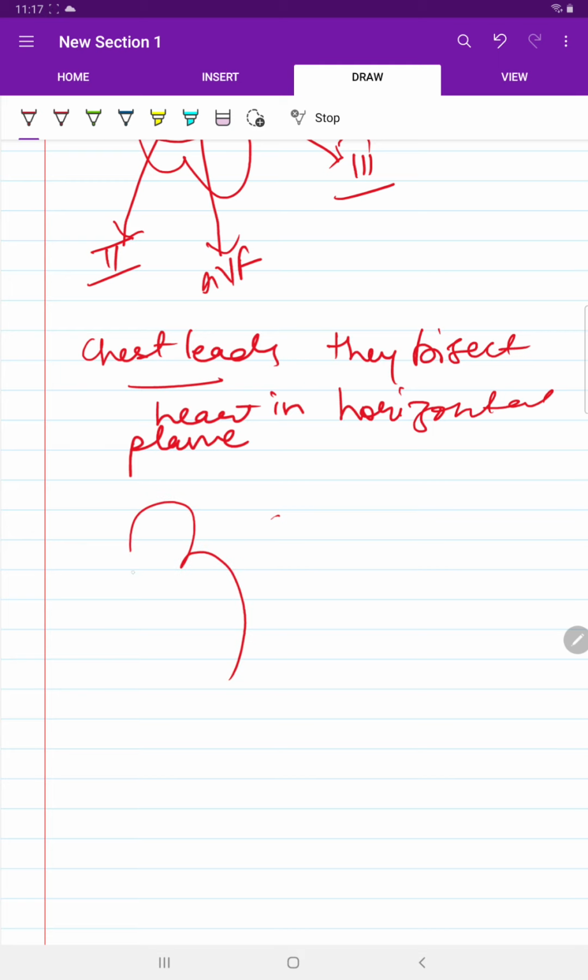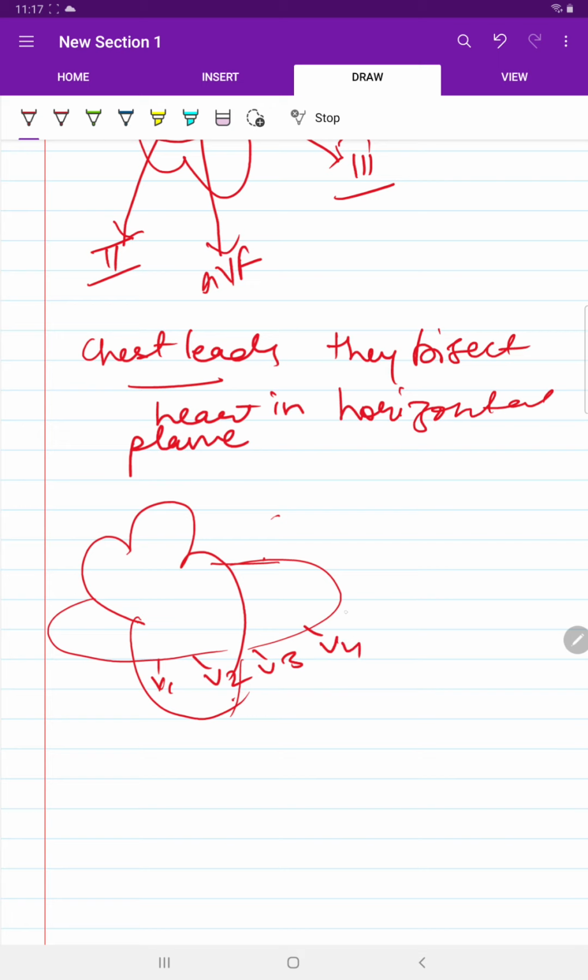This is the normal heart structure. They bisect the heart like this, in the horizontal plane. So we can say V1, V2, V3, V4, V5, V6. Okay, got it? And now coming to the importance of the position of the limb leads.